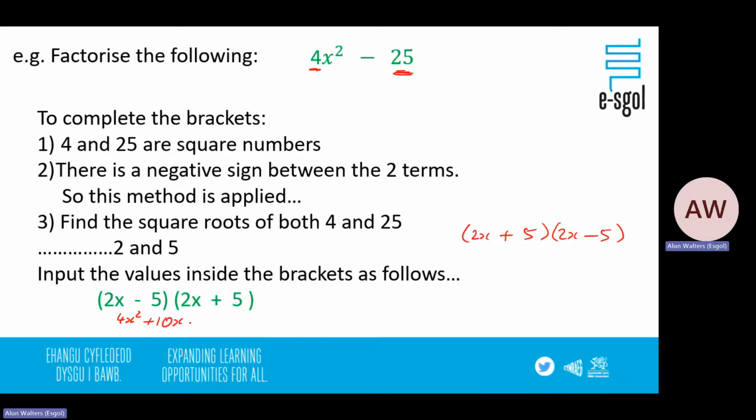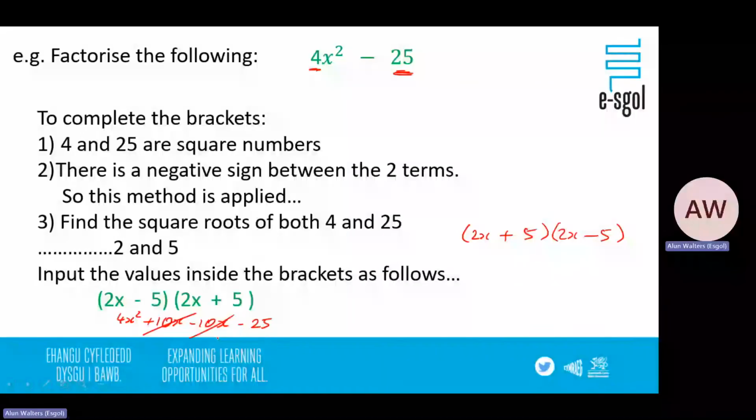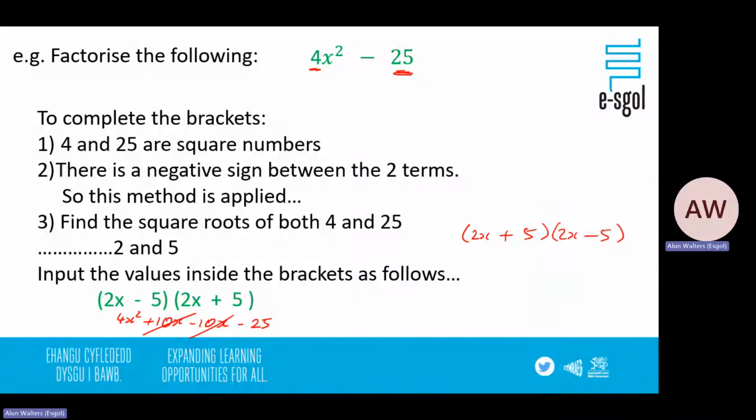Minus 5 times 2x is minus 10x. And minus 5 times plus 5 is minus 25. Now, you can see that you've got a plus 10x and a minus 10x, so they disappear. So if you were to multiply them out, you would end up with the expression up here. All right, but all you need to do for the 2 marks is write that down and that down.